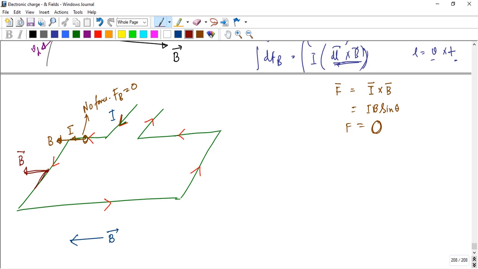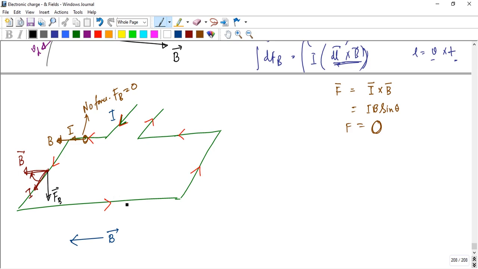So the force is I cross B, and that's the clockwise direction. Clockwise direction means the force goes downward. So there is a magnetic force, a downward force.